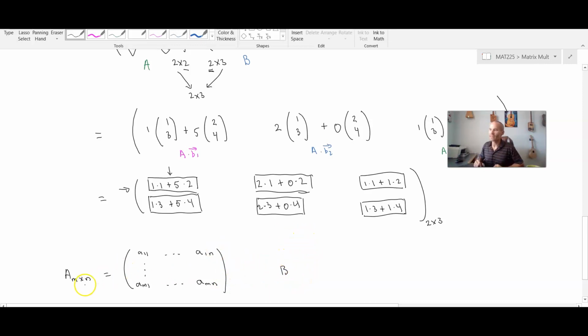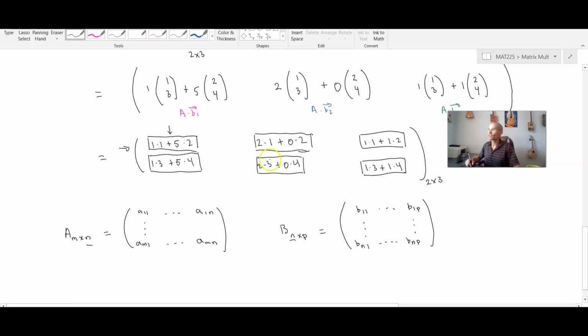It's important that the inner dimensions match, so this would have to be an n by something. So I'll say n by p to indicate that this could be a totally different number than m is over here. And so this will be B11 all the way up to, it has p columns, so this will be first row, pth column, down to the nth row, Bn1, all the way over to the pth column of the nth row.